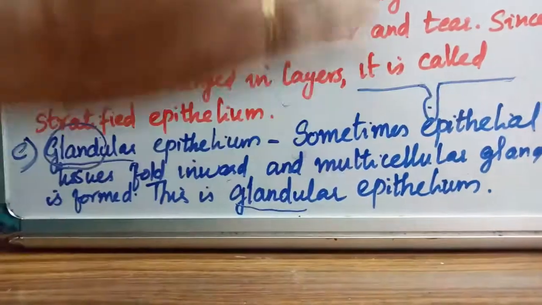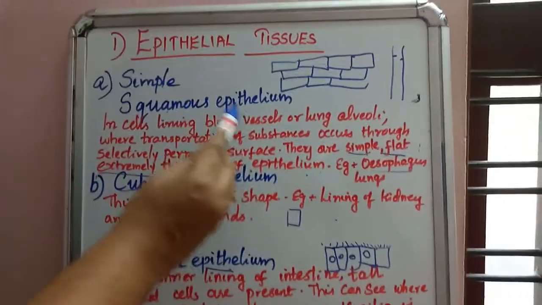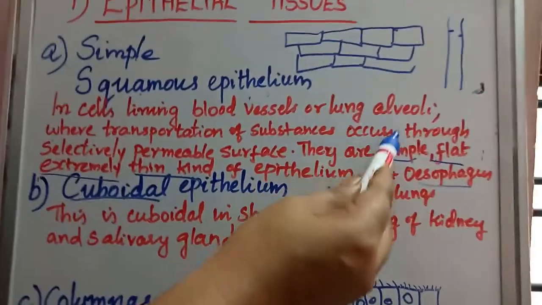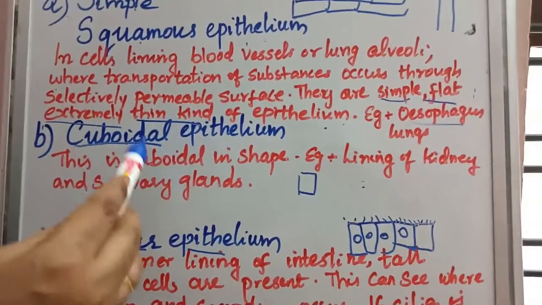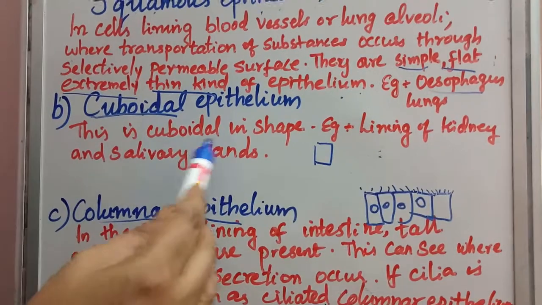Okay, so these are the different types of epithelial tissues. First one is simple squamous epithelium, which we can see in the lining of blood vessels, lung alveoli, esophagus. Next one is cuboidal epithelium, which is cube-shaped, in the lining of kidney and salivary glands.